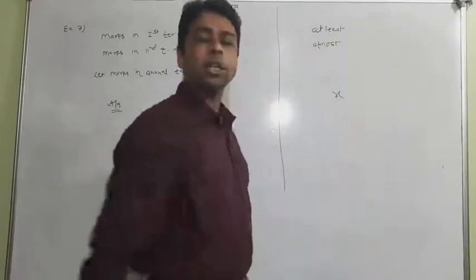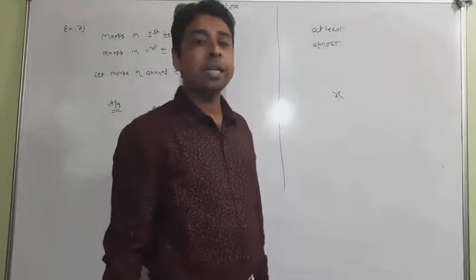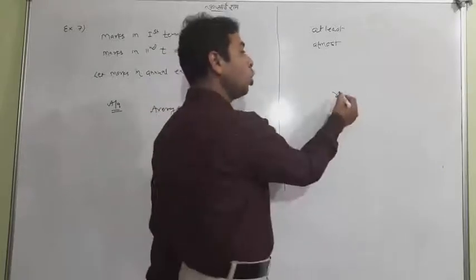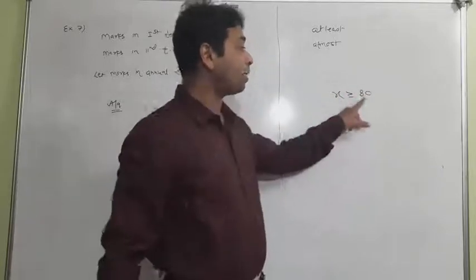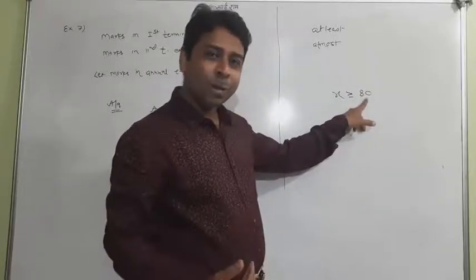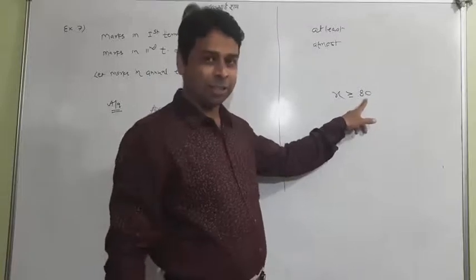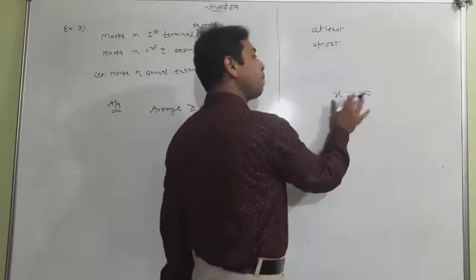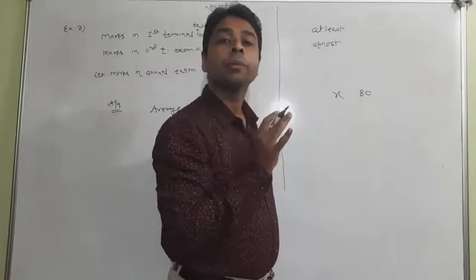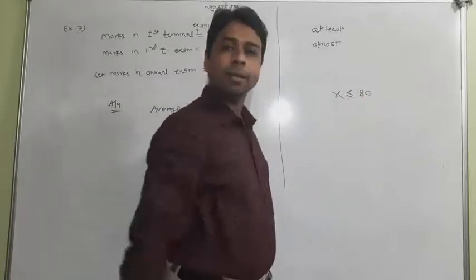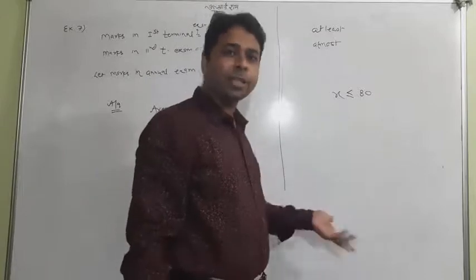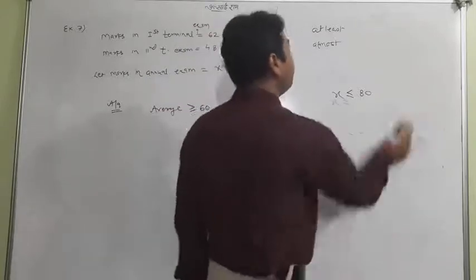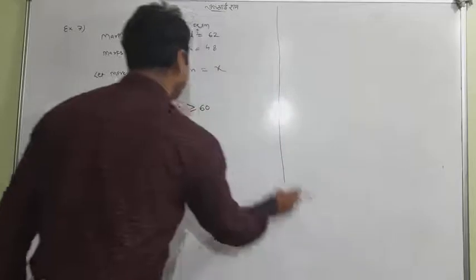Suppose x is your marks in maths. If I say at least 80, what will you write? Your marks x greater than or equal to 80, meaning your marks are either equal to 80 or more than 80. If I say at most 80, meaning maximum 80 or less than 80, definitely. So please remember at most or at least follow this symbol.